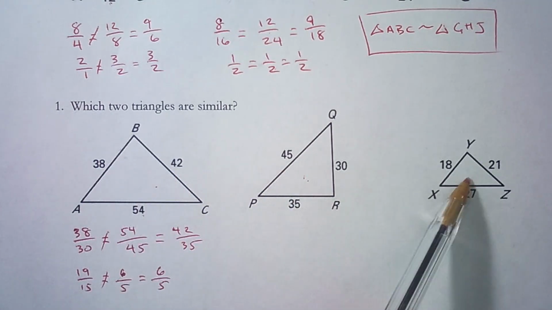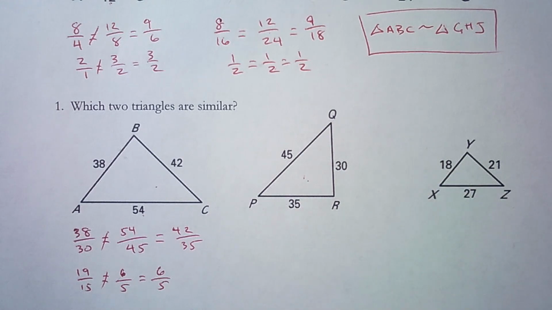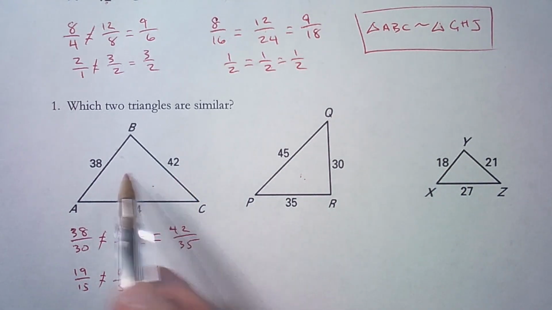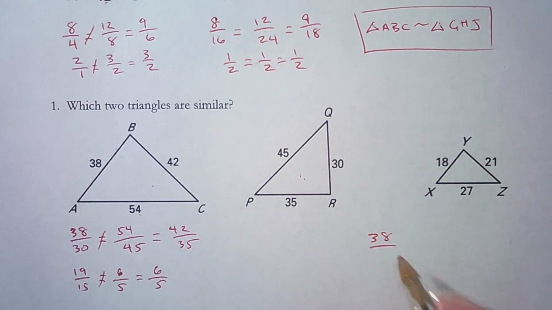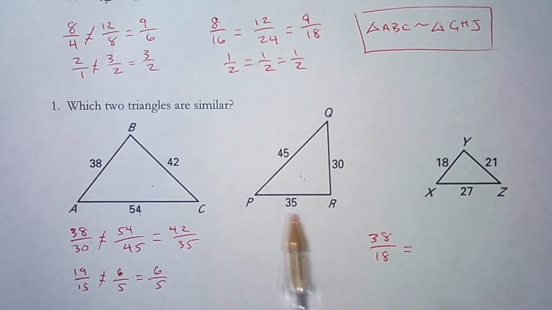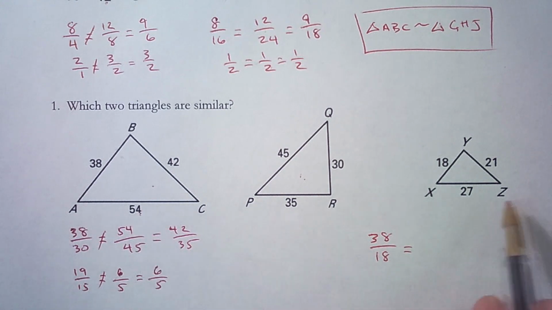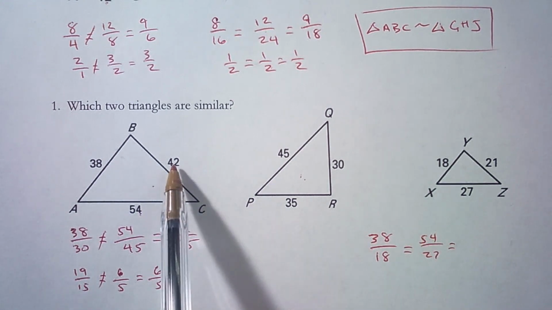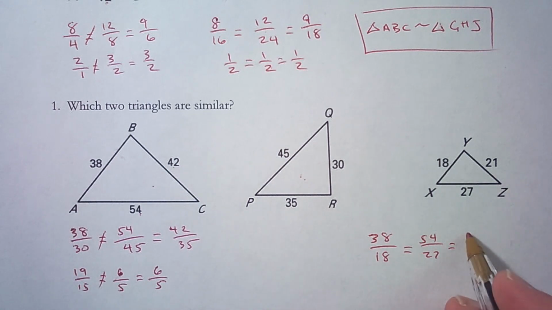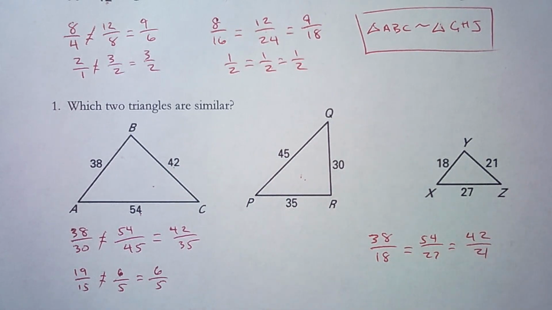Let's try the first and the third. We'll go with the shortest, 38 over 18. The longest, 54 over 27. And then the remaining sides are 42 over 21.